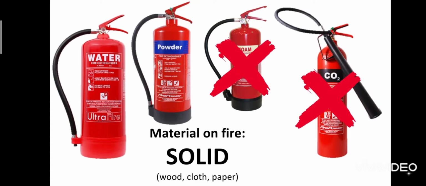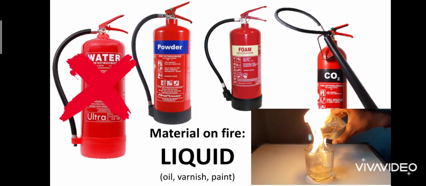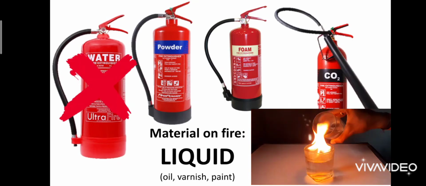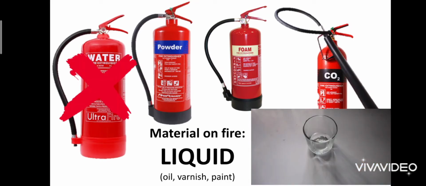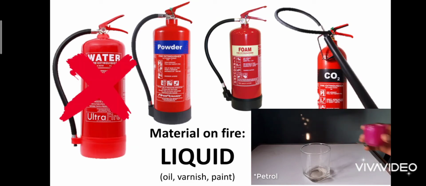Okay, for the next slide, we will learn about the type of fire extinguisher that can put out fire caused by liquid materials, for example oil, varnish, and paint. As you can see from the video, water cannot put out a fire caused by oil. Why does this happen? Because there is a difference in density between water and petrol.